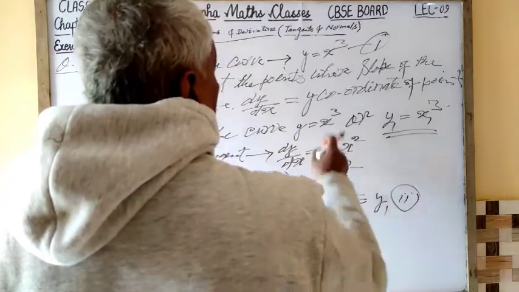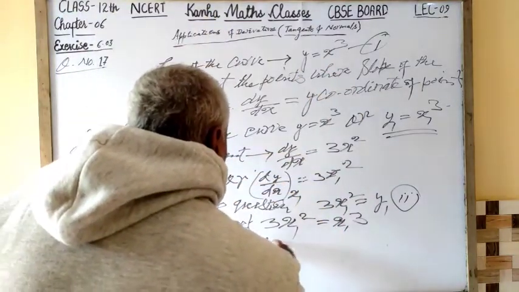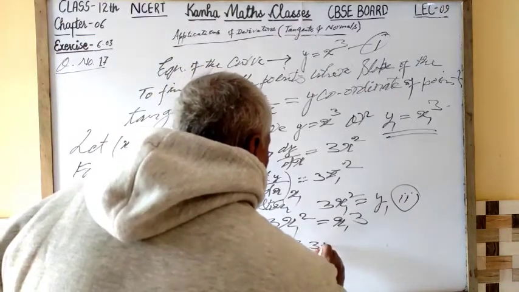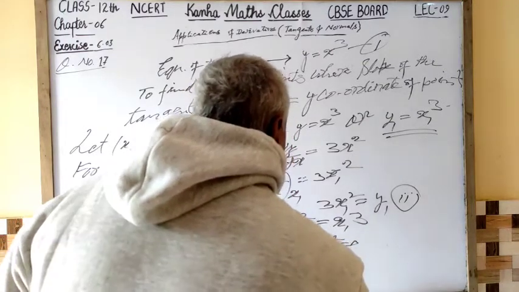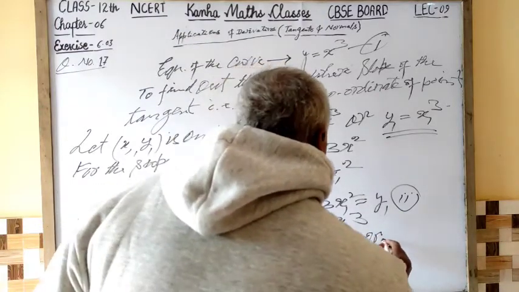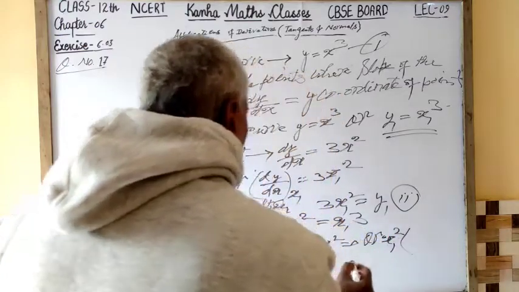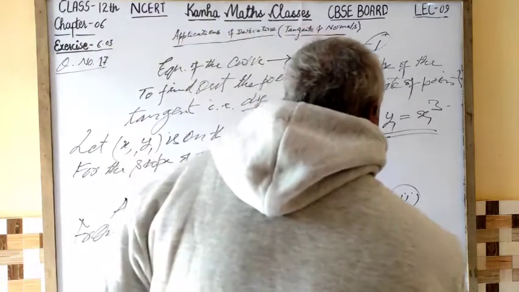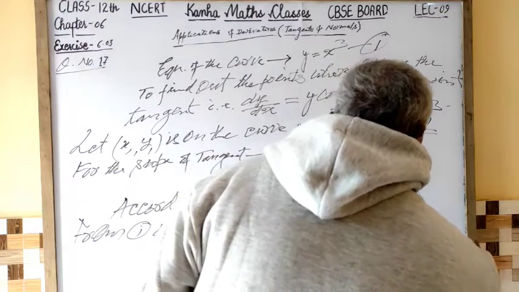That is 3x1 square is equal to x1 cube, or x1 cube minus 3x1 square is equal to 0, or taking x1 square common, we will have x1 square into x1 minus 3 is equal to 0.